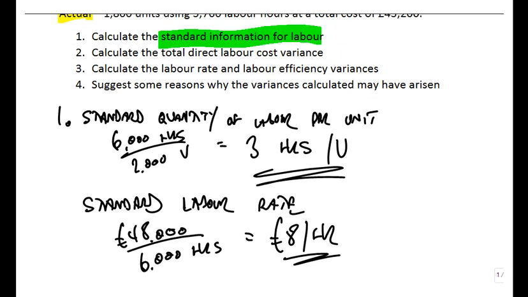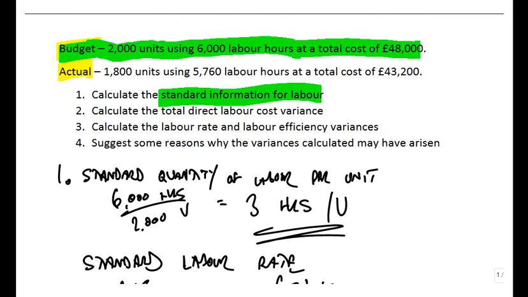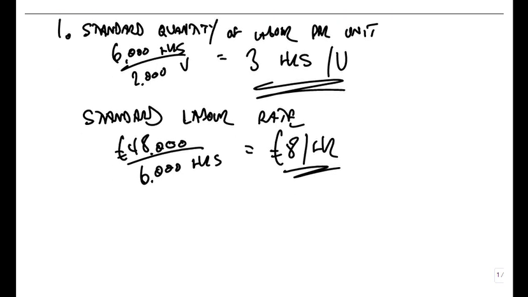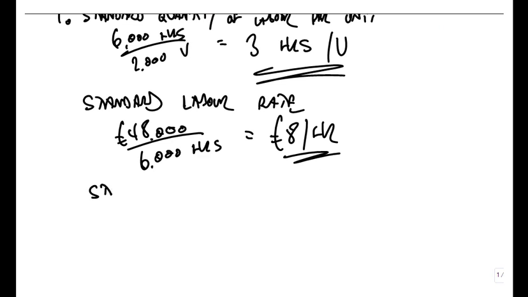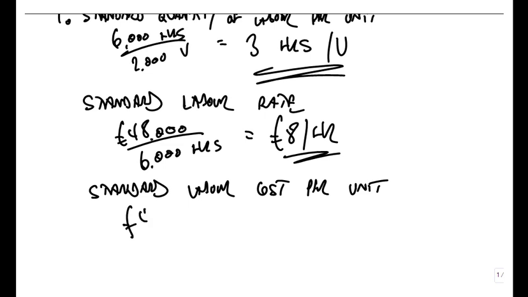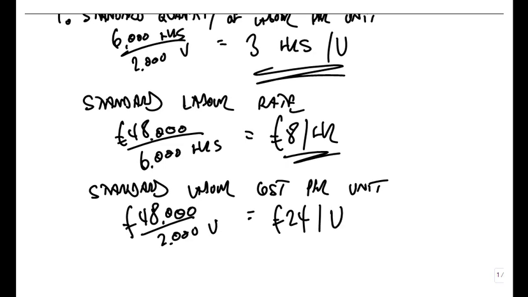The other figure I can actually work out is I know that my 2,000 budgeted units was going to cost a total of £48,000. So I can actually work out a standard labour cost per unit. Remember that £8 we just worked out was per hour of labour. If you actually now take £48,000 over 2,000 units that we're planning to produce, you should get that coming to £24 per unit.